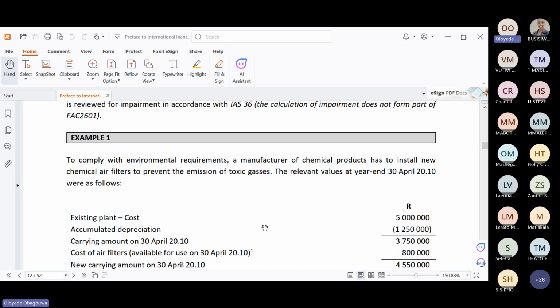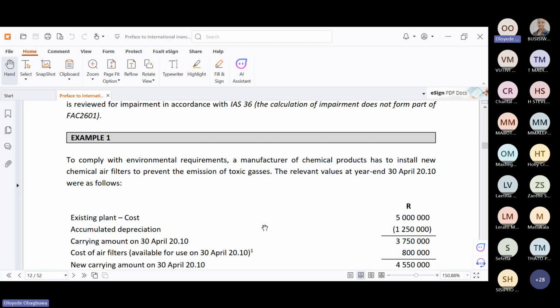That is, you are going to add the value of that particular item, it can be spare parts, it can be an adjoining part to that particular asset before it can be usable. So such an item, you will add it to the value of that asset. It will make up the total cost of that asset. But when you look at some of those expenses, some of those things you buy, it might not really be considered as an addition.